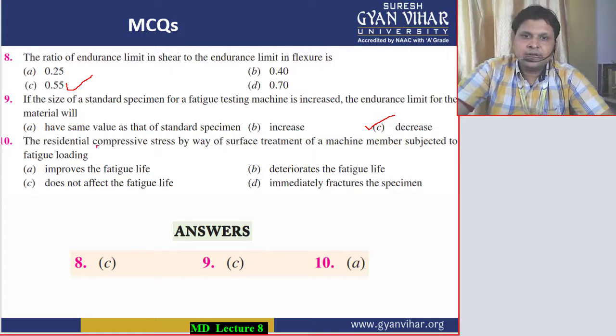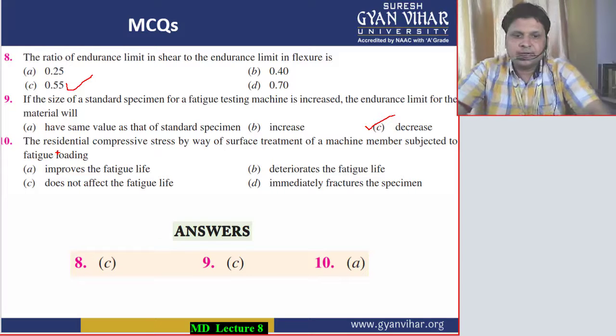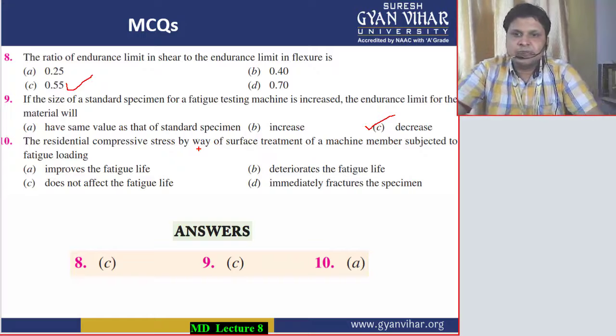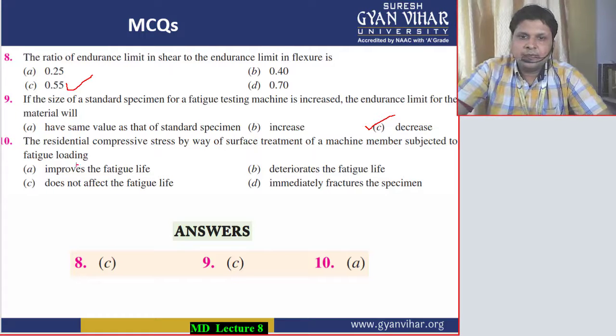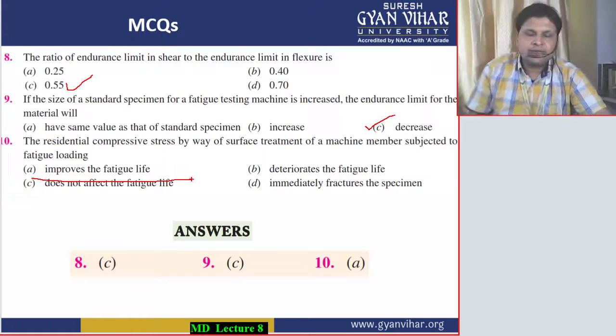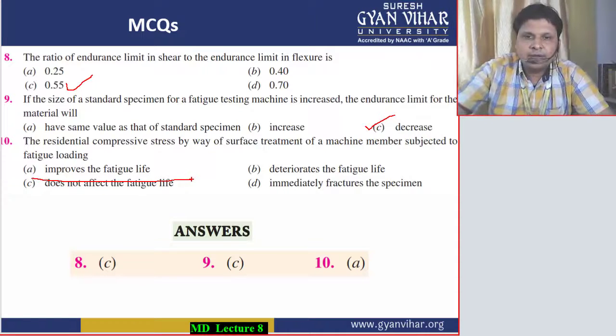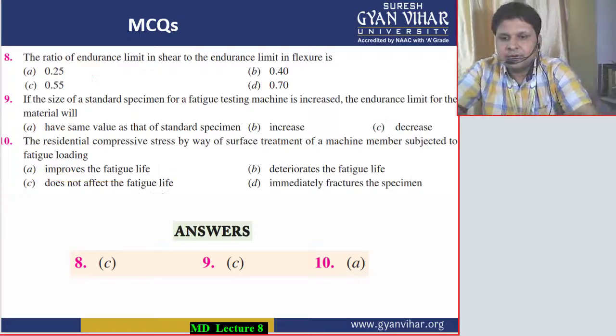Then, residual compressive stress by way of surface treatment of a machine member subjected to fatigue loading improves the fatigue life. This fatigue concept we will also discuss in the coming lectures. So these were the MCQs discussed related to today's lecture.